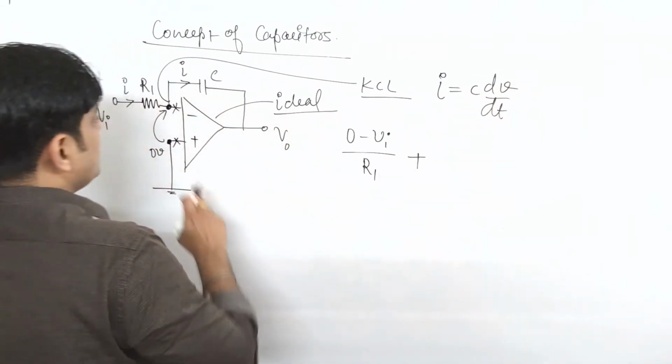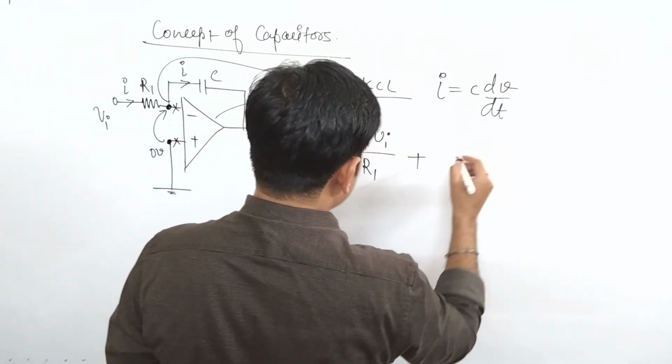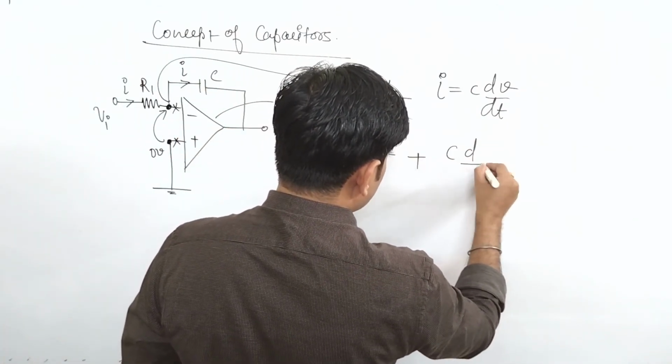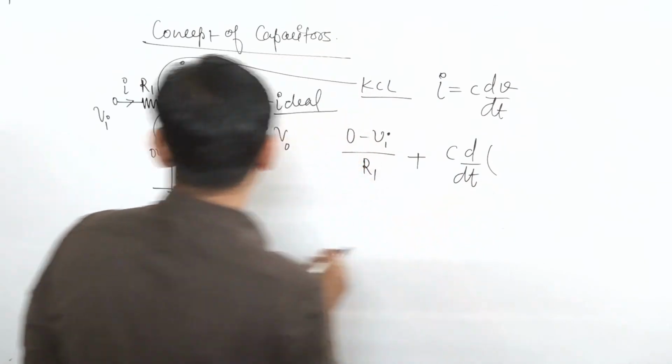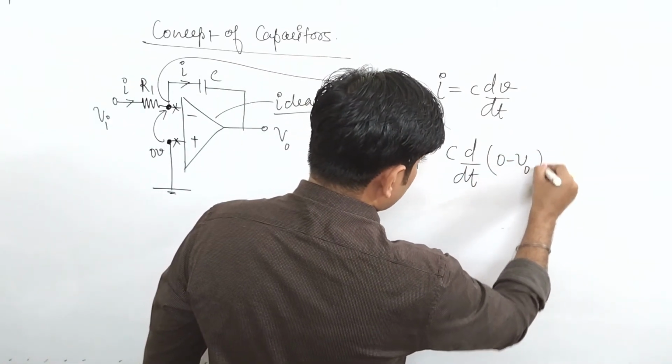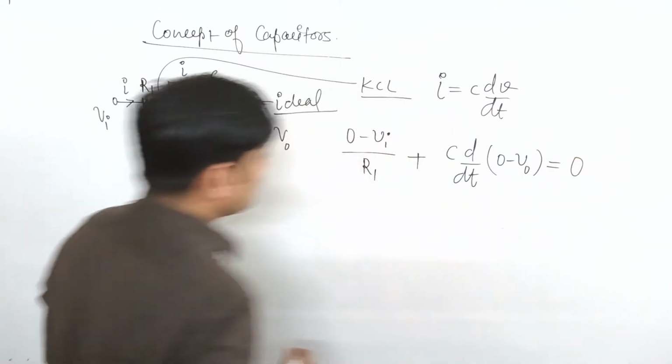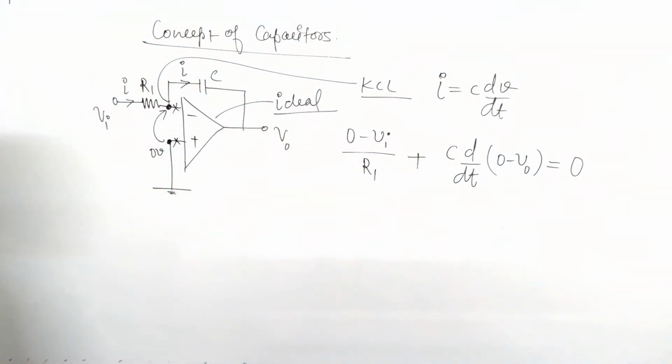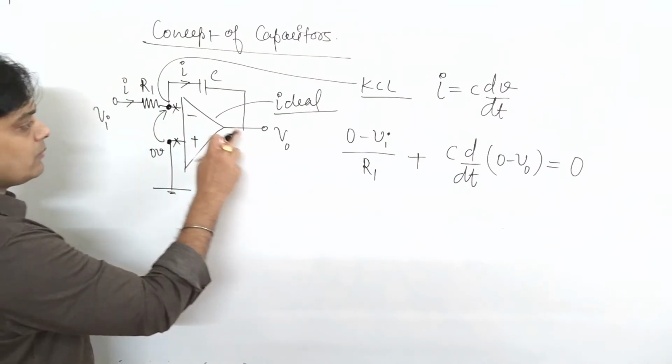So can I say that the current here is C d upon dt of the voltage here? What is the voltage here? It is 0 minus V0. Yes, 0 minus V0, that is equal to 0.